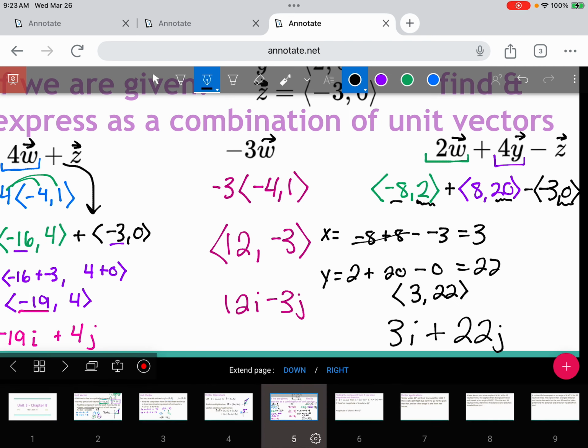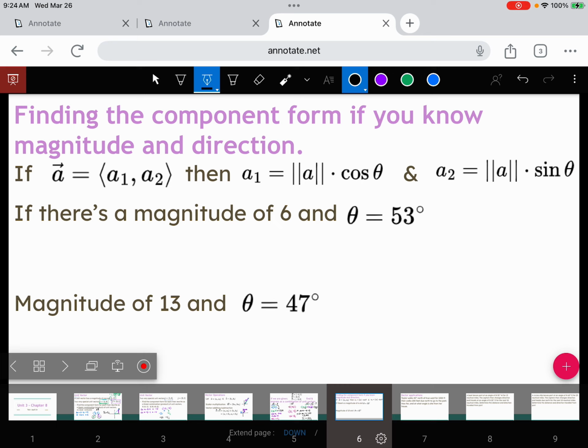So the other reason we have these in this part of the book and part of the chapter is we have times when we're going to use trig functions with these. Sometimes we will be given different pieces of information than the starting point and the terminal point.